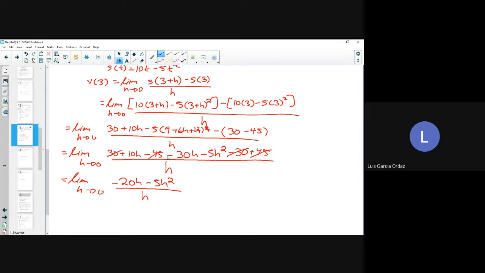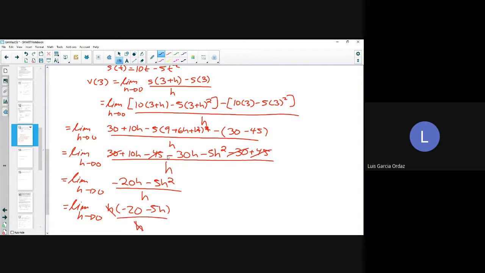So what can I factor out from my numerator? H. So we're left with the limit as h approaches 0 of h times (negative 20 minus 5h) over h.